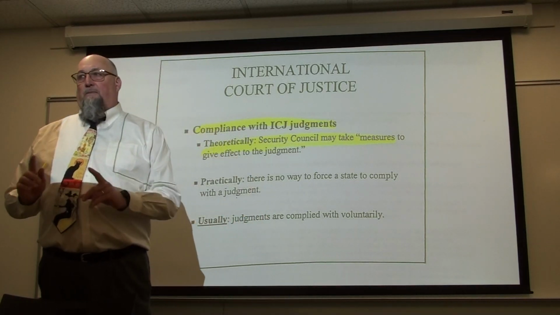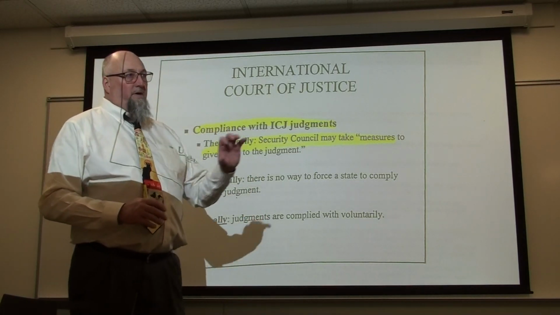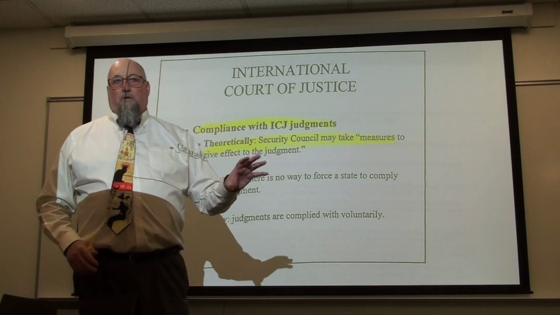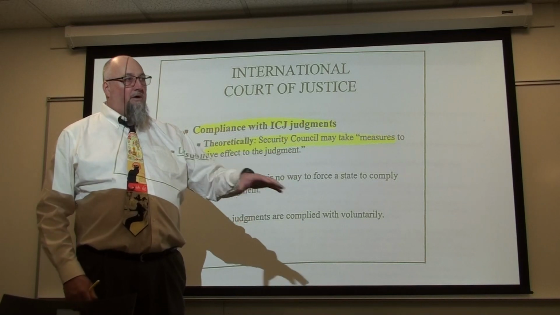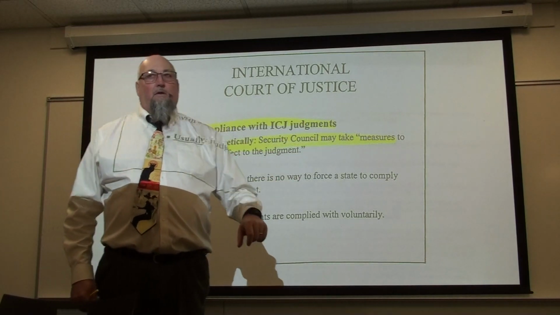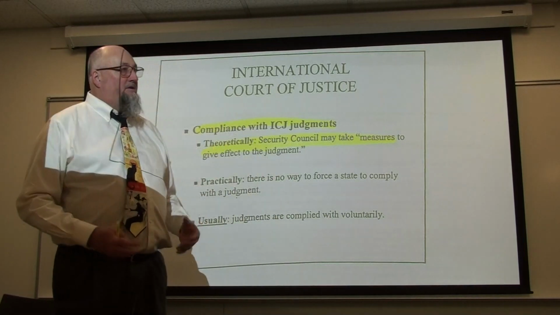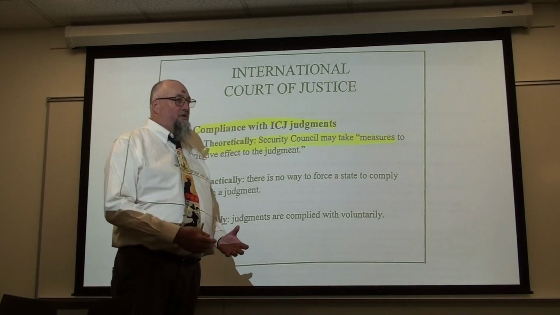And so I want you to think about that for a minute. So we have the International Court of Justice making a decision, applying it to the parties to a dispute. One of the parties is in breach, in default, not carrying out its requirements under the decision.